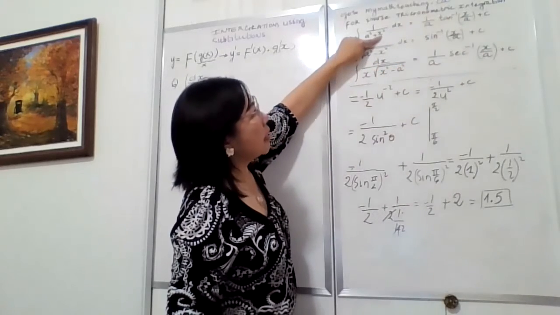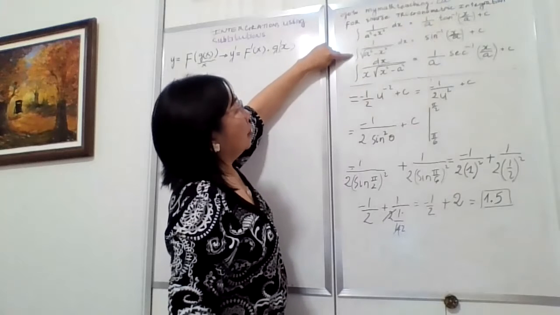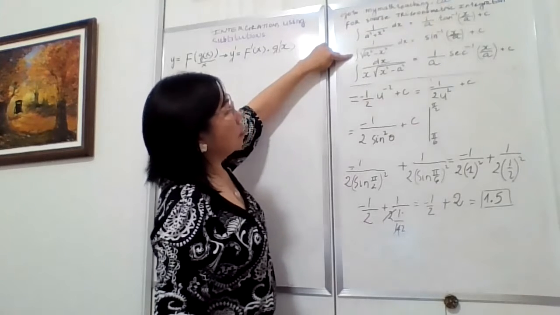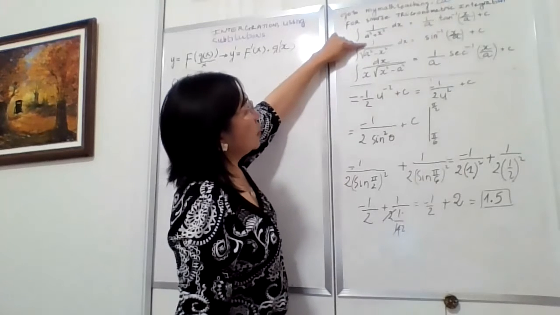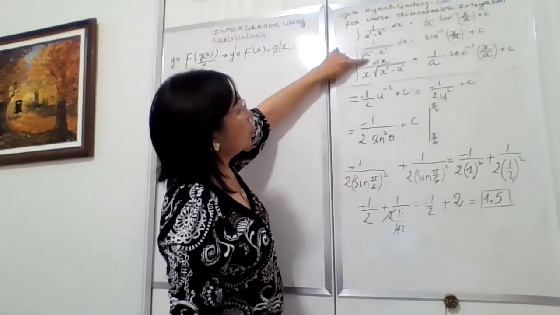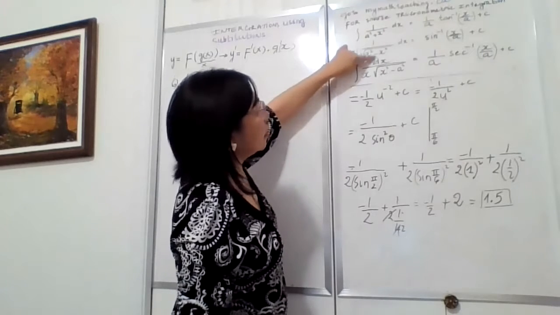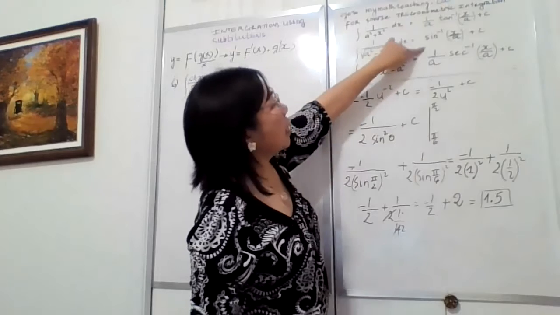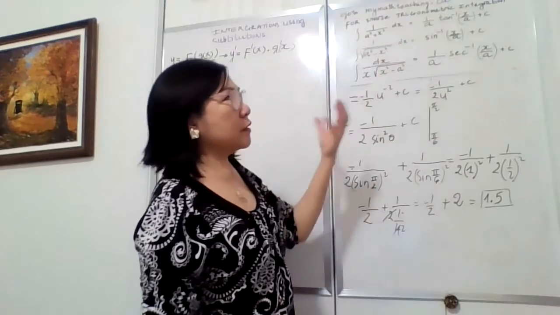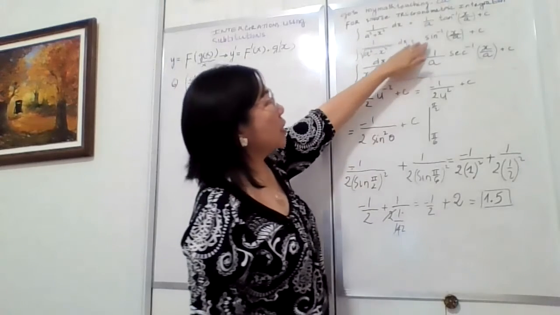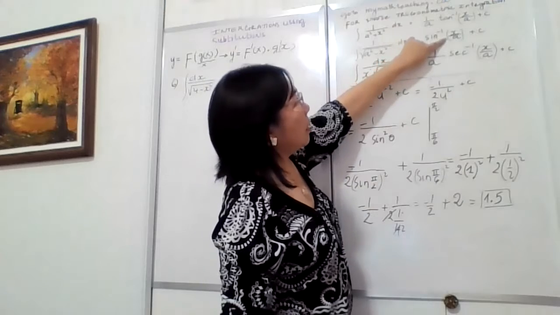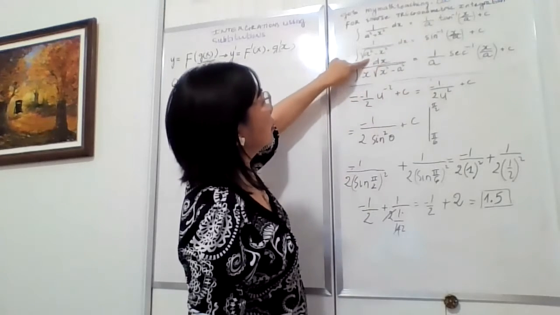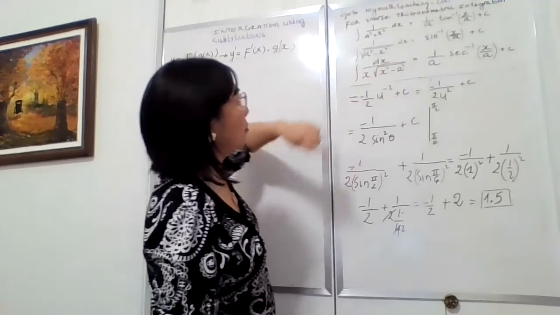Notice this x here is the angle. Now, the next inverse function, if you see 1 over square root of a squared minus x squared dx, the answer of integration for this is arcsine, sine inverse of the angle x divided by a plus c.